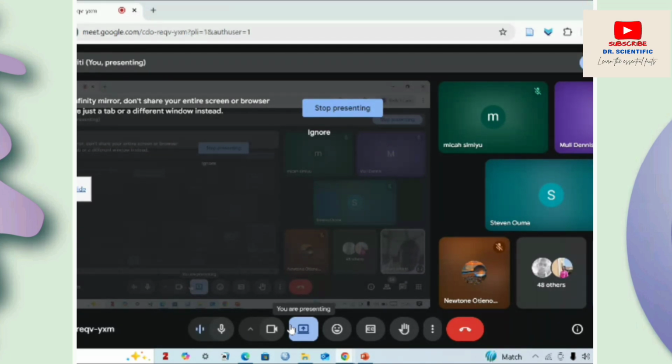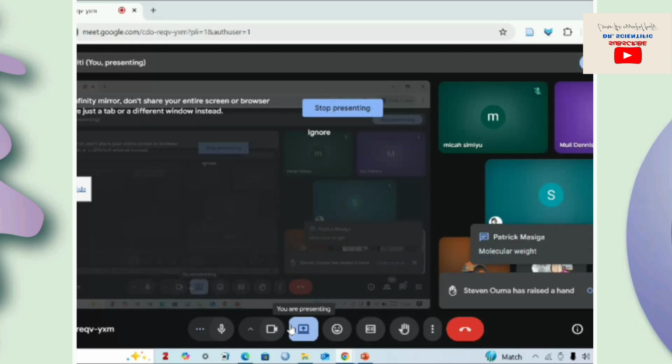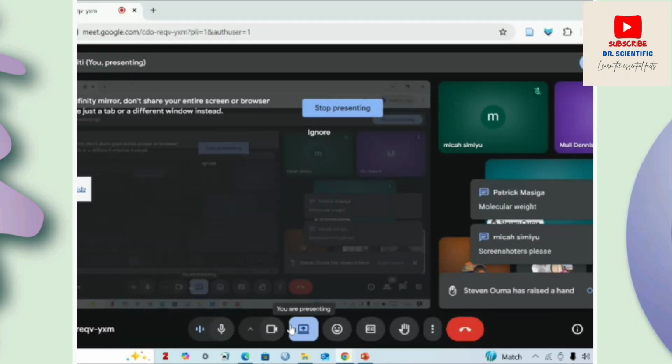So for the screenshotters, please give us some benefit now. Hello? Yes, Patrick, you're saying molecular weight. What do you mean by molecular weight? Like in which case?